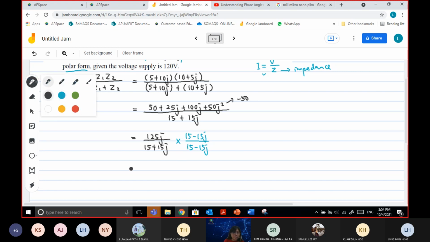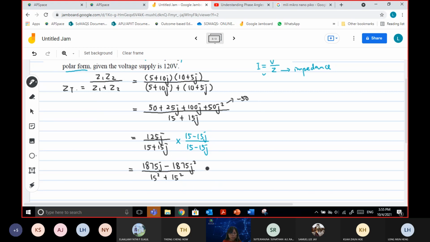So that means the bottom will be 15 square plus 15 square. The top will be 125J times 15, which is 1875J. Then 125J times negative 15J, which will be negative 1875J square.